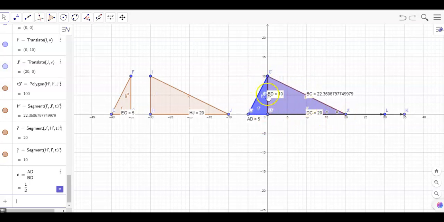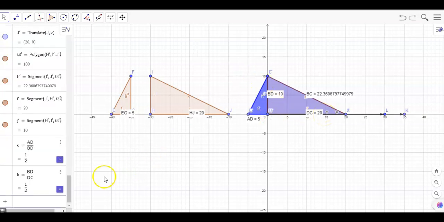So that would be X over B. So X is BD and B is DC. All right, so we also have 1/2. Using arithmetic, we have proven that A over X is equal to X over B, and that X is the geometric mean of A and B.